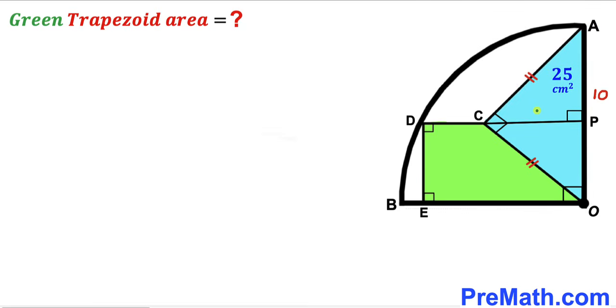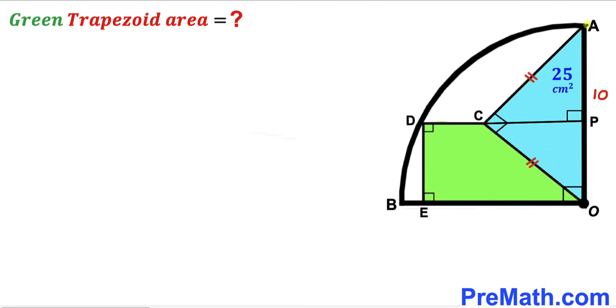In this next step, I have dropped this perpendicular CP on this side AO. Please bear in mind that these points D, C, and P are collinear. Now let's make an observation. We can see that this blue shaded triangle is an isosceles triangle since these two side lengths are the same, and CP is the perpendicular.